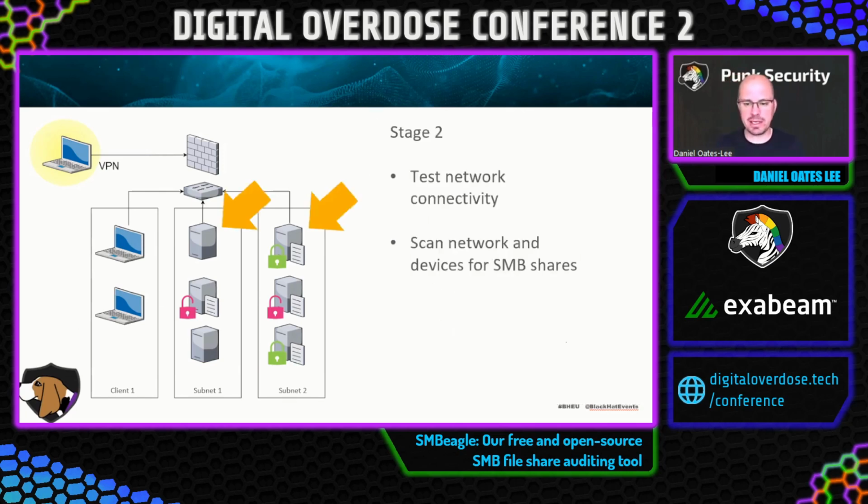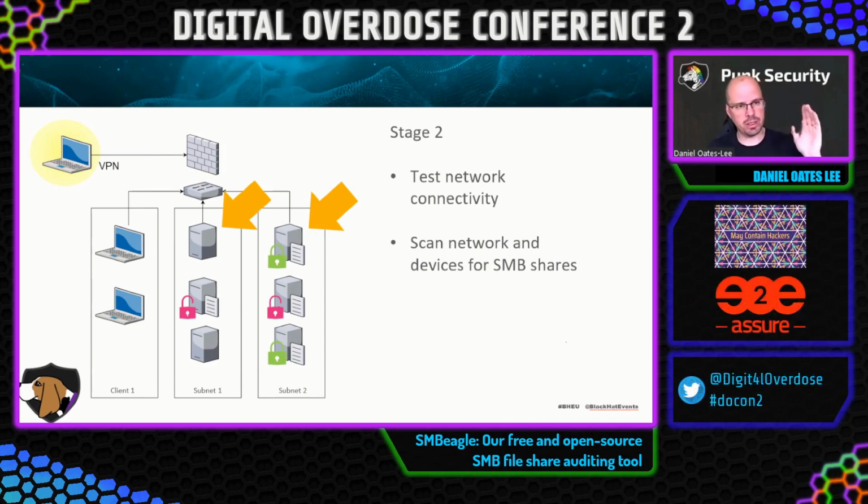What SMBeagle will then do is test connectivity to those networks. It will basically do an Nmap scan, but using the native Windows built-in connection, and build up that long list of 254 addresses per subnet.